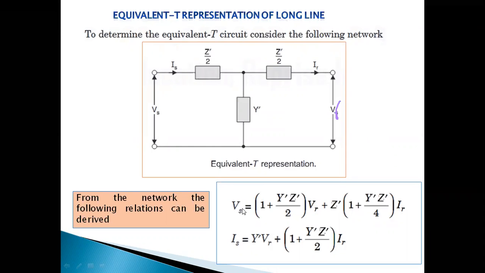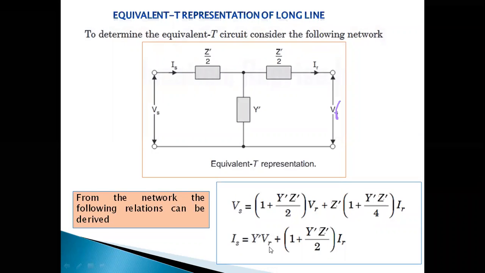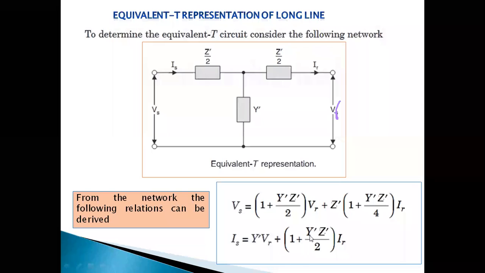We have two equations: Vs is equal to (1 plus Y dash Z dash by 2) into Vr plus Z dash into (1 plus Y dash Z dash by 4) into IR. Is is equal to Y dash into Vr plus (1 plus Y dash Z dash by 2) into IR.